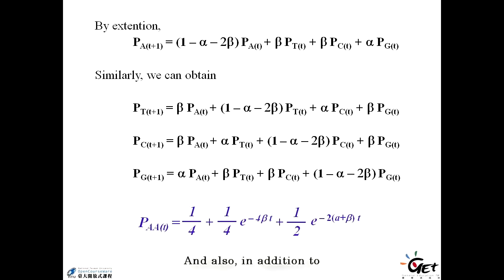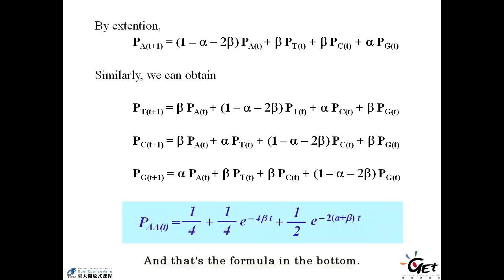Also, in addition to talking about the possibility of A, we can talk about the other 3 possibilities: C, T, or G. So there is a list here. And at the end, you want to know the probability that the 2 sequences still stay at an A status. That's the formula at the bottom.